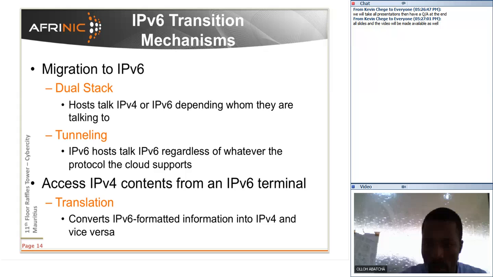That v6 traffic can go through that pipe, regardless of what the networks in between support or do not support, so that they can communicate on both sides of the pipe over IPv6. That's basically what tunneling is. Or you can access IPv4 content over an IPv6 terminal and vice versa using translation.